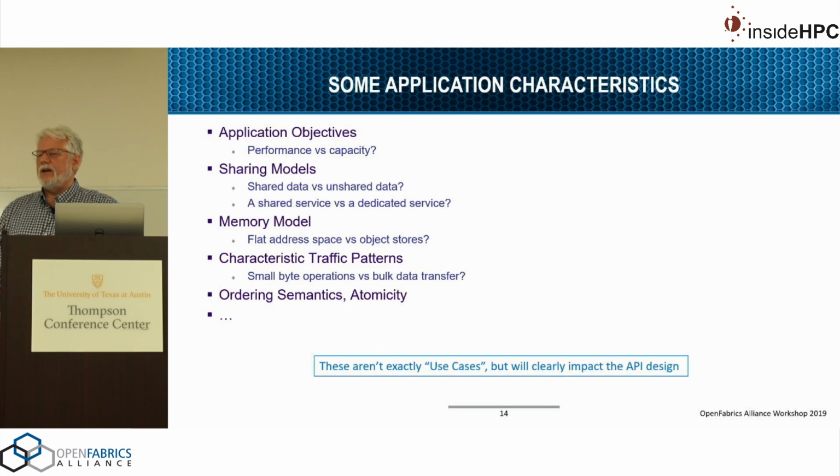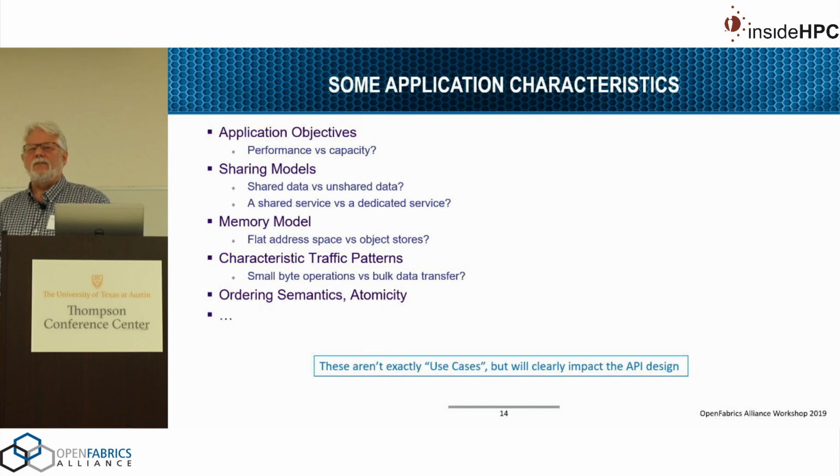So is data shared or unshared? There's a pool of memory out there. Is that pool or an element of that pool or a region in it being shared by multiple processes that are cooperating to accomplish something? Or is it just an extension of the memory available to a local node or a local process? So shared versus unshared. The memory model, this is an interesting one.